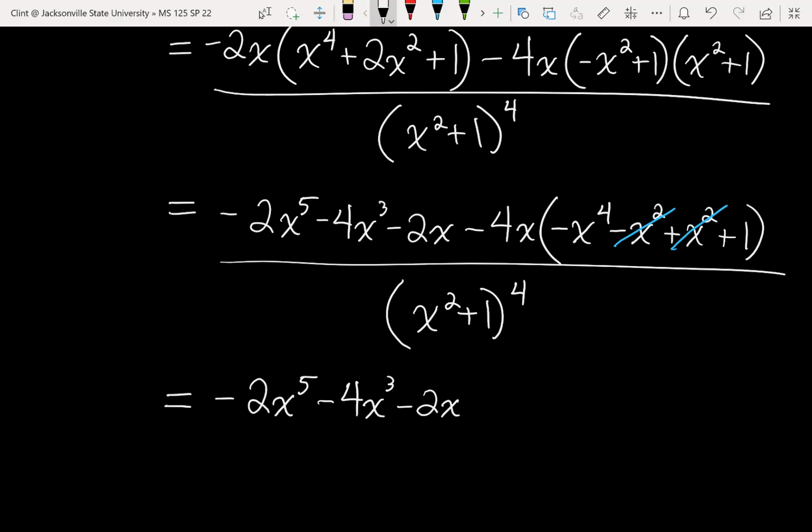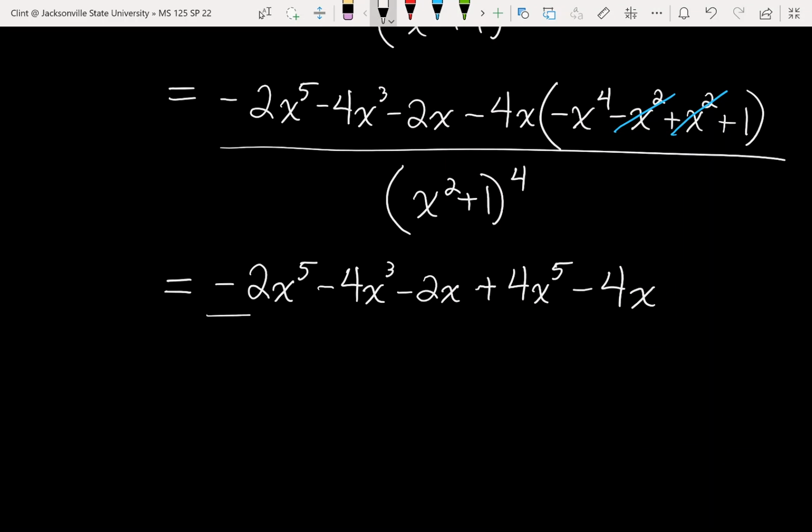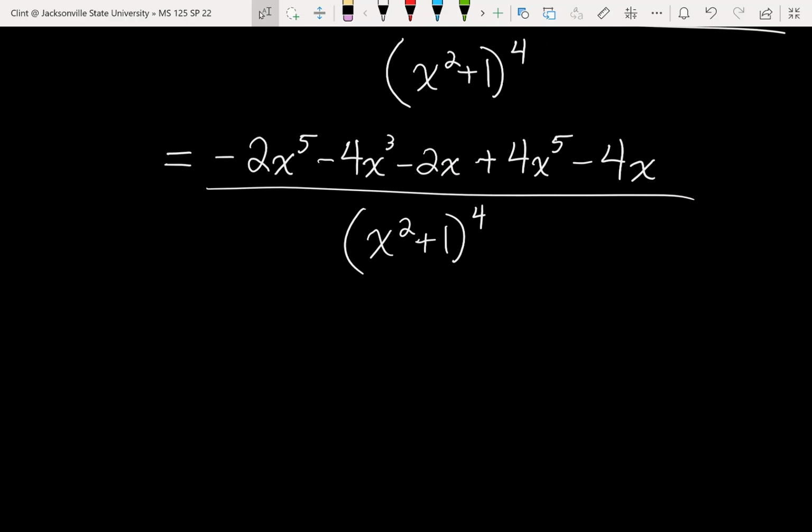I knew it was going to be a little messier, but I didn't work all the way through it. Let's see, so plus 4x to the 5th minus 4x. And so that's 2x to the 5th minus 4x to the 3rd minus 6x.